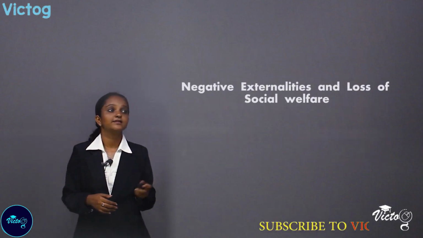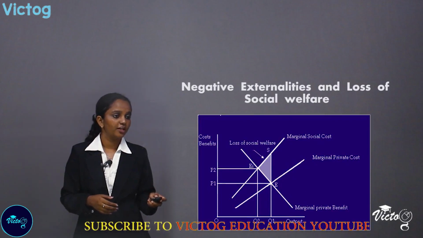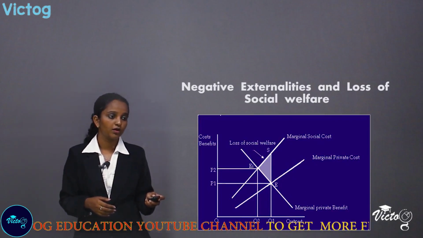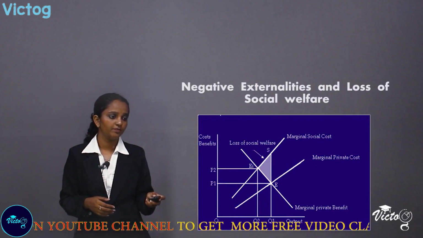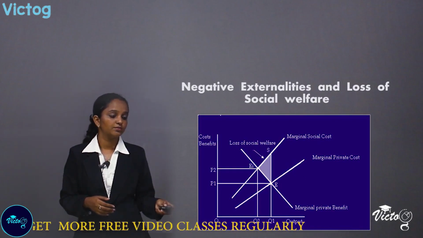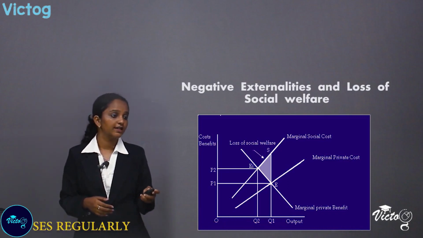Negative externalities and loss of social welfare. Take this graph. If a free market system is operating in the market, they will be producing at the Q1 level of output. Output is measured along the horizontal axis and cost or benefits along the vertical axis.